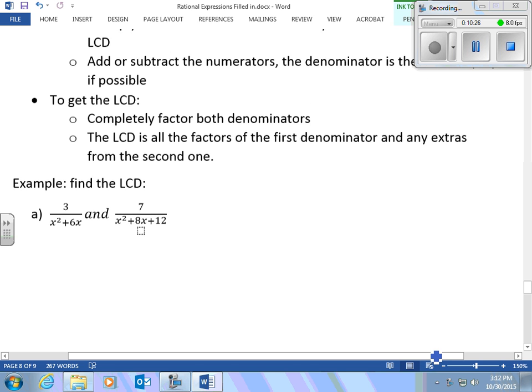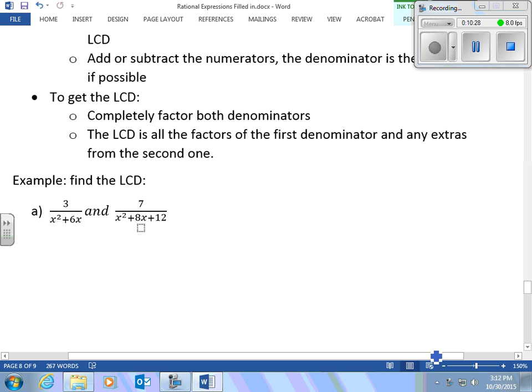And then the lowest common denominator will be all of the factors of the first denominator and any extras from the second one. Okay, so I'll explain that with this example. So here we've got 3 over x squared plus 6x and 7 over x squared plus 8x plus 12. So we're going to look at how to find the common denominator for that.